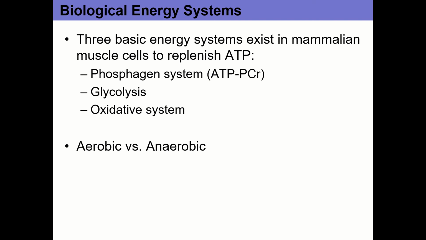And so the top 2, the phosphagen system and glycolysis, both of those are anaerobic processes. So both of those can result in replenishment of ATP via anaerobic processes. We can replenish ATP without oxygen in those systems. In the oxidative system, we obviously need oxygen, so that's going to be aerobic.